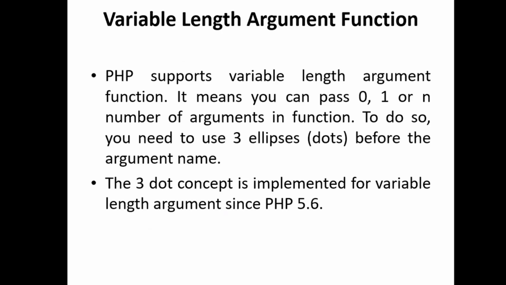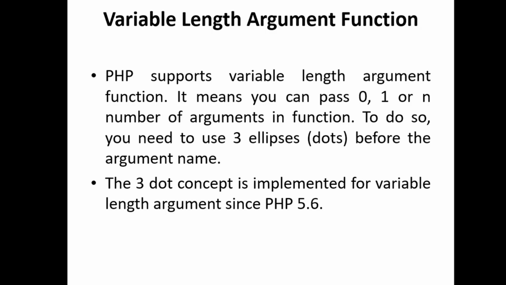Then variable length argument function, the fourth type. PHP supports variable length argument functions. It means you can pass 0, 1, 2 and so on to n number of arguments in a function. To do so, you need to use three dots, or three ellipses, before the argument name.